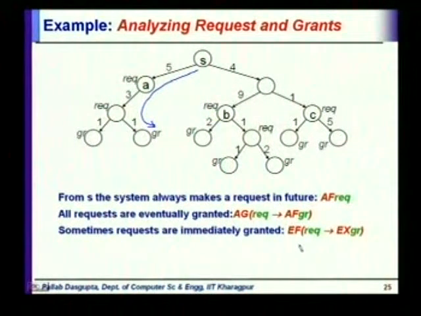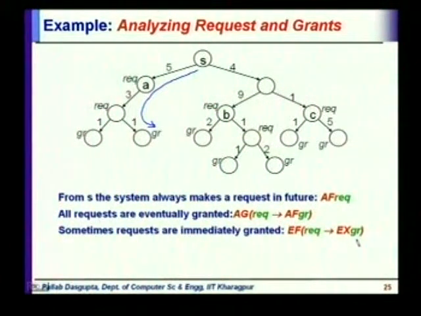Now how do we say that this holds? So this one satisfies request, and EXGR also, right? So we have EF along all paths, request implies EXGR.